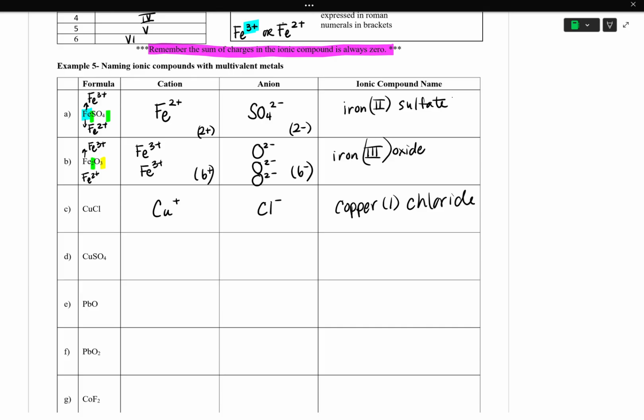So again, Cu. Cu can be Cu plus or Cu2 plus. I have one of them. I also have one SO4, which is 2 negative. So copper would have to be the 2 positive. So this would now be copper 2 sulfate.